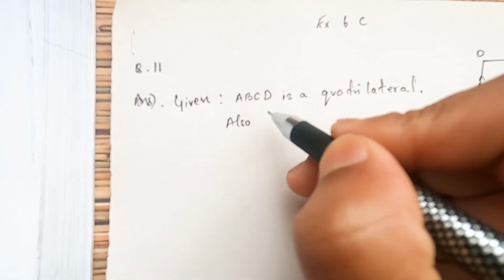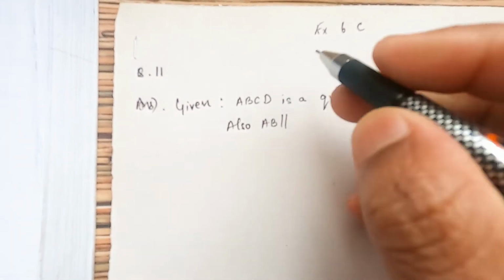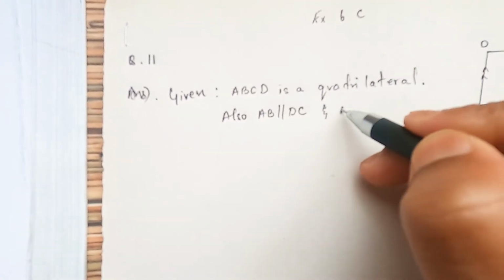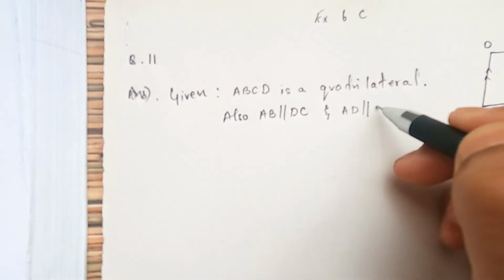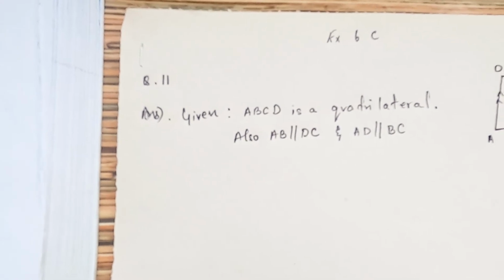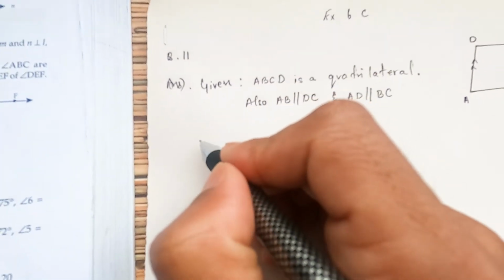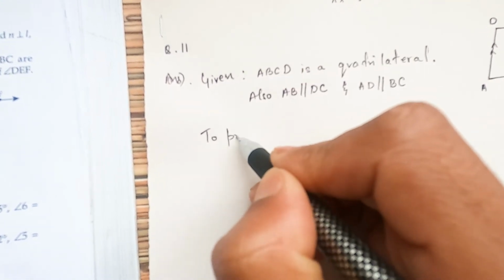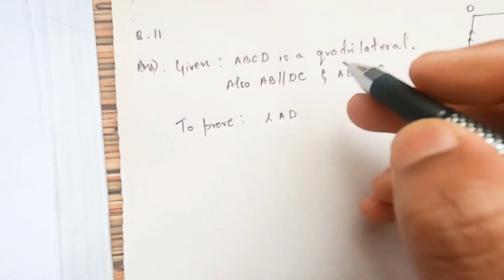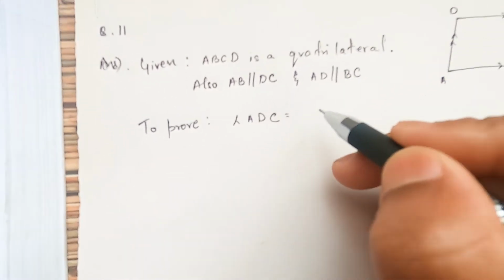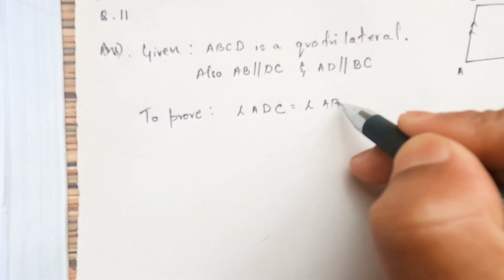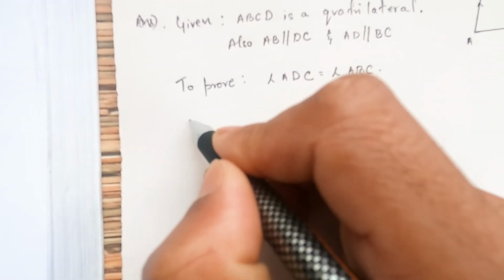Also AB is parallel to DC and AD is parallel to BC. All right, so next, what do we have to prove? Now we have to prove that angle ADC is equal to angle ABC.